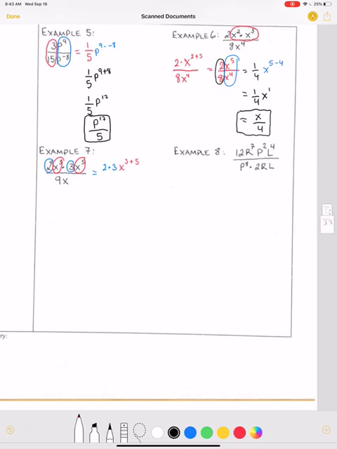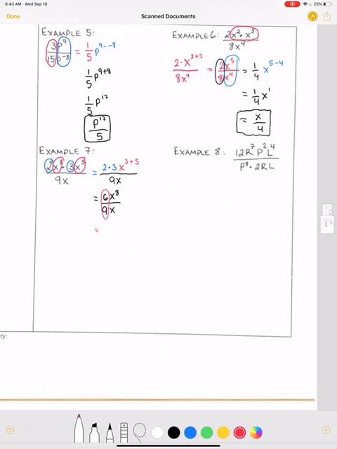The denominator has not changed for us. It is still 9x. So up top, we have 6x to the power of 8 over 9x. Now it's just like any other quotient rule problem. I'm going to take the 6 over 9 and I'm going to reduce.